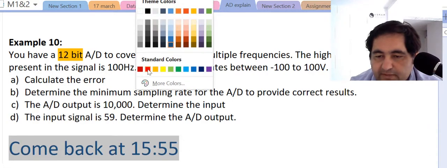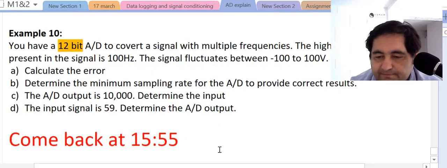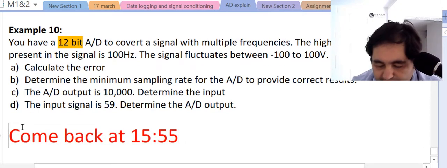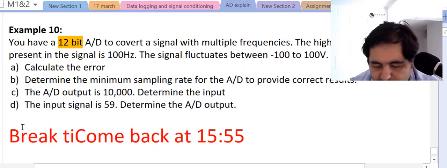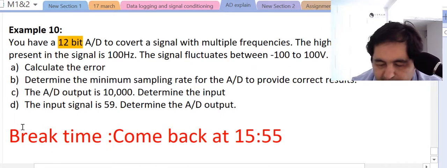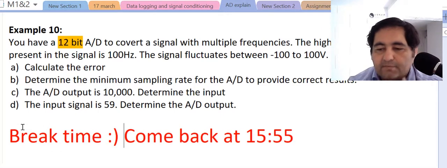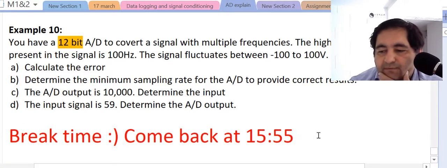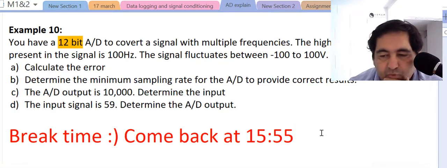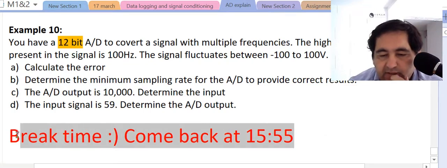So it's like a break time for us. Come back 15:55, and that's where we're going to practice this stuff, look at this more and do the calculation accordingly.